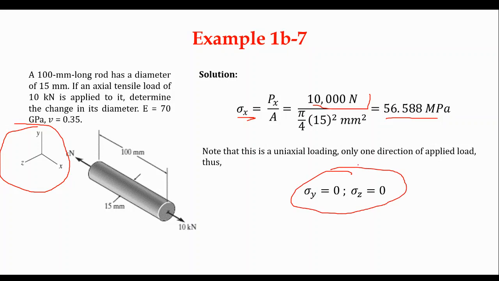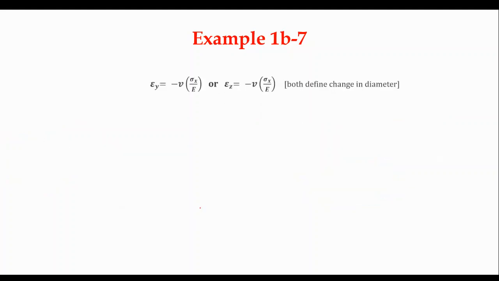But, asa man ta interested? Sa atong problem, ginapangutana ta, unsa daw ang change in diameter. So change in diameter is either in y direction or in z direction. It doesn't matter. Y and z are both diameters of the rod. Okay? So since diameter man na and that is defined by either y or z, so kailangan na nato ang strain ni y or z.